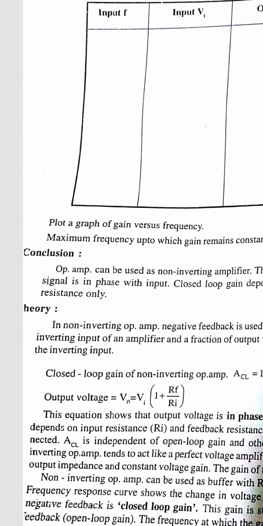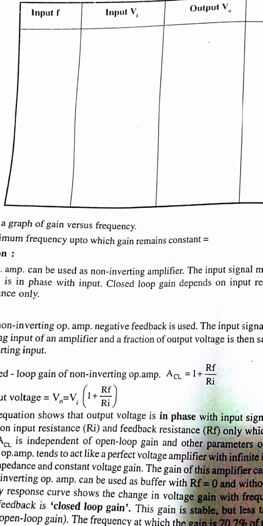Closed loop gain of the non-inverting operational amplifier ACL is equal to 1 plus RF upon RI, where RF is feedback resistance and RI is the input resistance.